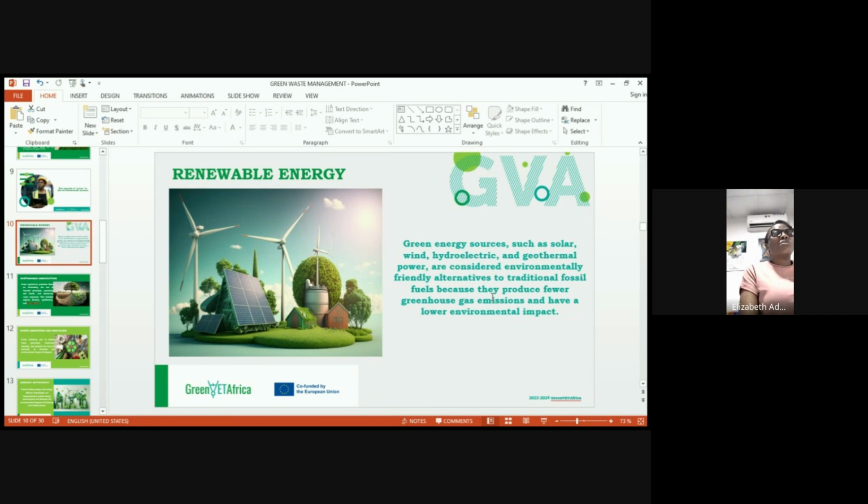One of the things we consider in the environmental context as being green is retrofitting, or transitioning to a cleaner form of energy: renewable, green energy sources like solar, wind, hydroelectric, and geothermal power. These are all considered environmentally friendly alternatives to traditional fossil fuels because they produce fewer greenhouse gases and have a lower environmental impact.